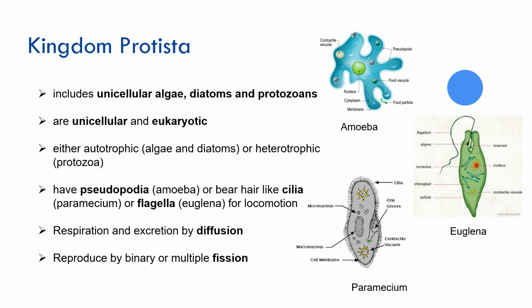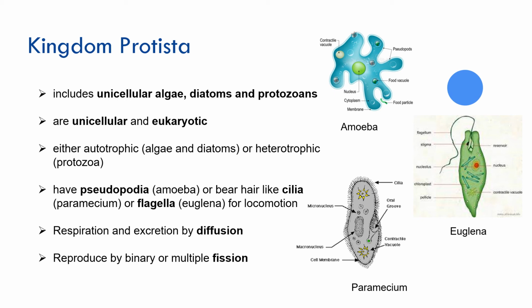The second kingdom in the five kingdom classification is Kingdom Protista. Members include unicellular alga, diatoms, and protozoans. Some of the general features of the organisms belonging to this kingdom are: all these organisms are unicellular and eukaryotic, but they are either autotrophic, as in algae and diatoms, or heterotrophic, as in protozoa.